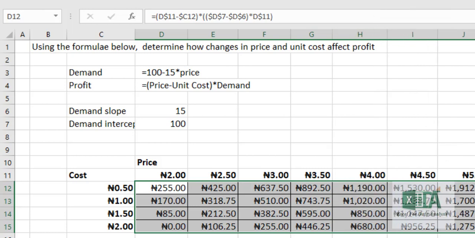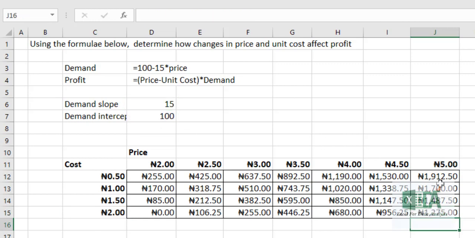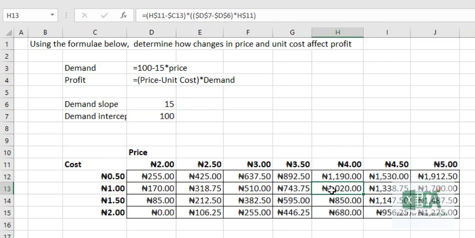Start from here. You see that each formula references, for example, this selling price and this cost price here, the demand, and the price. Same thing here: when we have 5 naira and the cost price under is 1 naira, we are going to have this profit. I hope you get this.